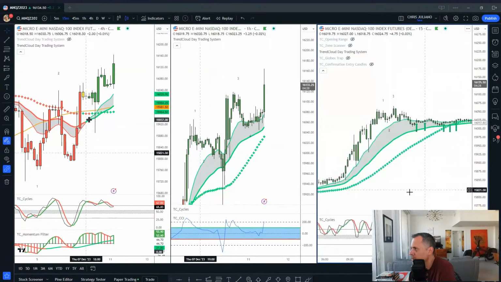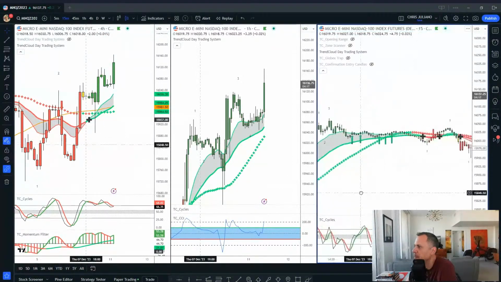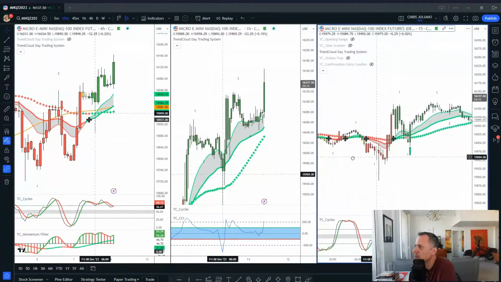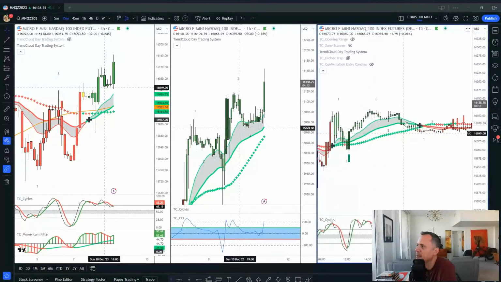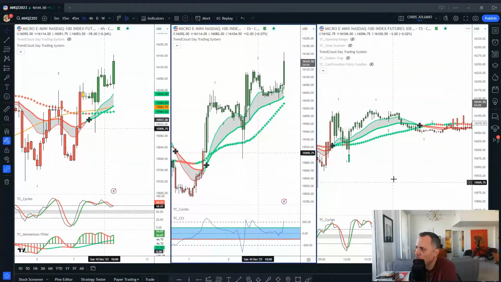We wouldn't take this signal here because it's against the trend, right? But these signals, we get a deep pullback and then a move to the upside, right? So they're going to really point you in the right direction here.